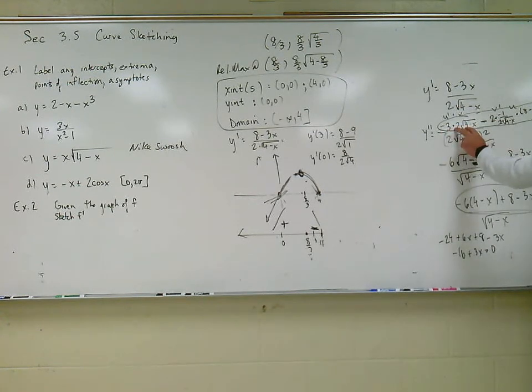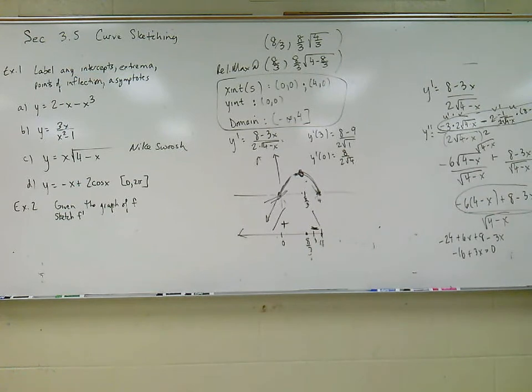U prime v minus v prime, the derivative of the inside over 2 square root times u, okay? There's that. 2's cancel. Minus a negative turns into a plus. Good. Common denominator. Good. -6 times 4, -24. -6 times 3x. Okay. Yeah, we're good.